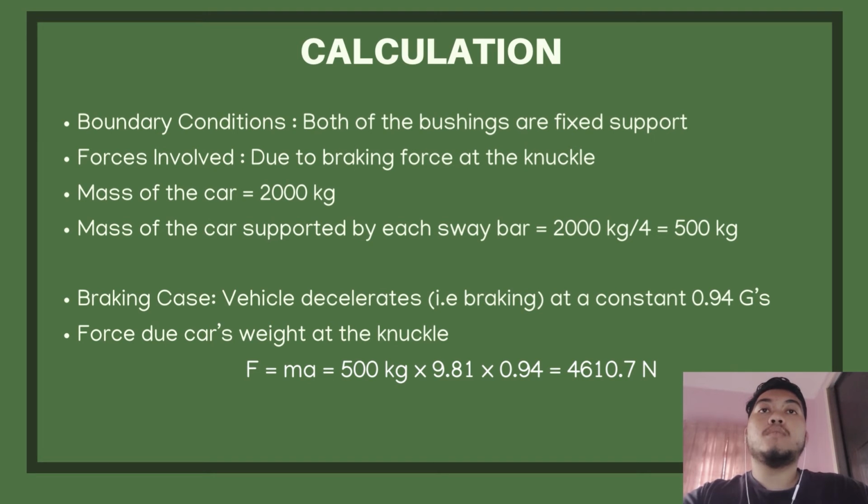Note that in this braking case, the vehicle decelerates, or simply braking, at a constant 0.94 Gs, and we can see the G force applied when the car is braking is much greater than the G force when the car is accelerating in load case 1. For the force, we simply calculate from the formula force equals m times a, and we obtain a value of 4610.7 Newtons.